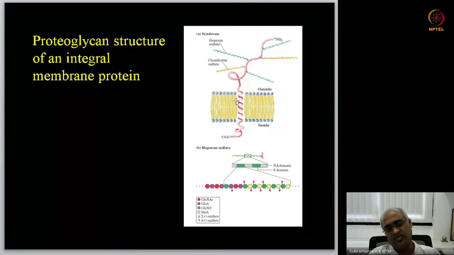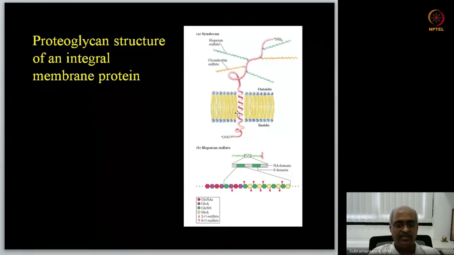These are the yellow tails here. So these hydrophobic tails of the phospholipids interact with hydrophobic amino acids on this short chain, and that is how this protein is anchored in the membrane. And such proteins which are integrated into the membrane are called integral membrane proteins.